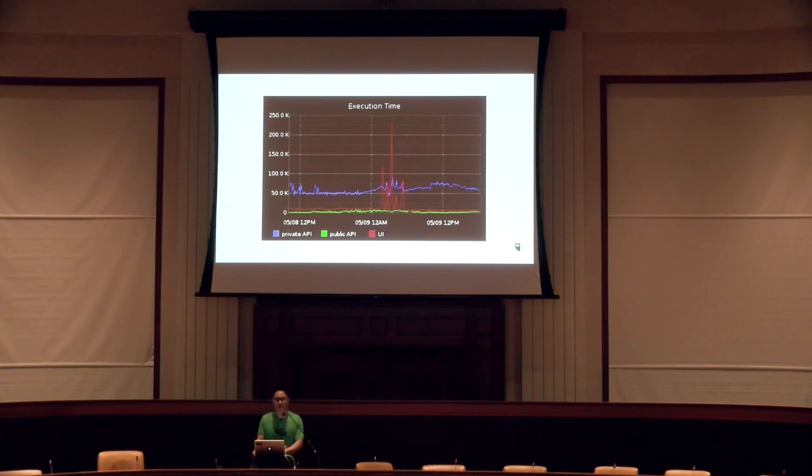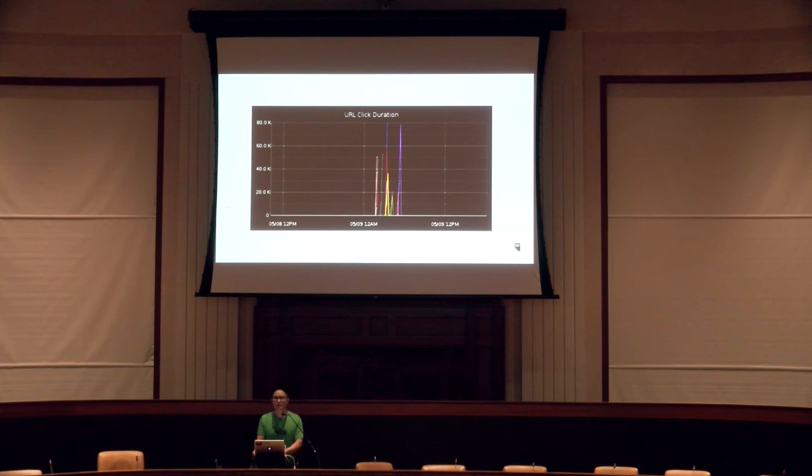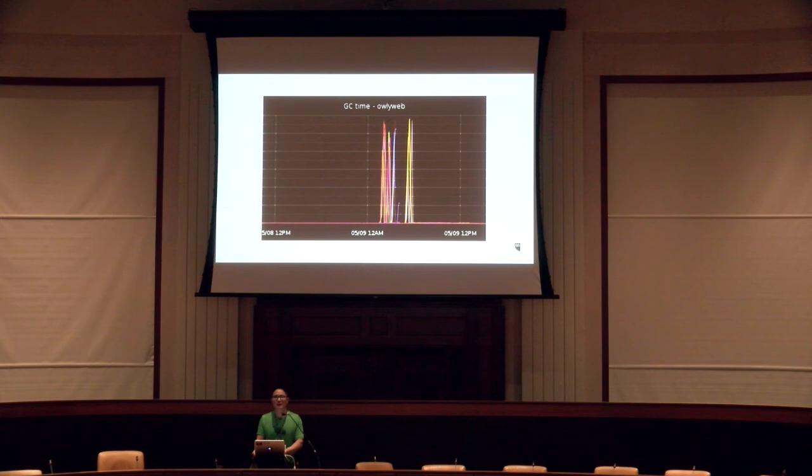This is cumulative time across nodes. It was also affecting clicks. You can see the time for a click was going through the roof. And these nodes were going down due to out-of-memory errors.